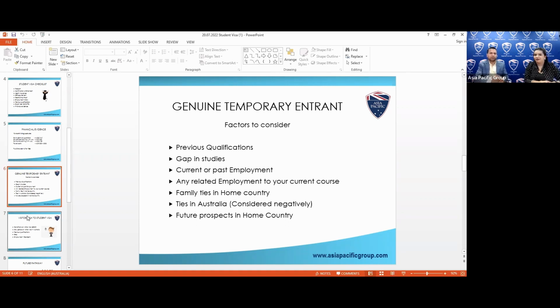Is there any return on investment after 2 years in your home country? Can you get a job related to that? So if we cannot justify all these things, then it creates doubt in the visa officer's mind, and they might provide a negative outcome. So yeah, let's move on to the next thing.